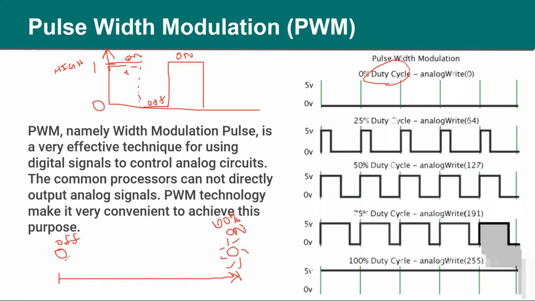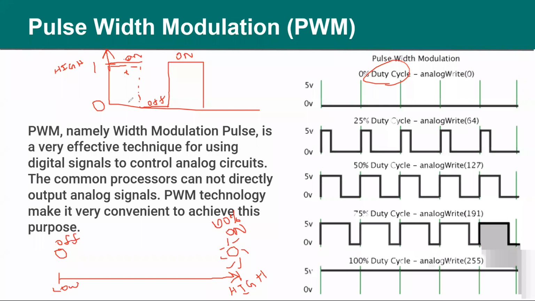This is 100% on, and this is 100% off. Now this is digital high and this is digital low. What we are trying to achieve is the brightness levels in between these two points.